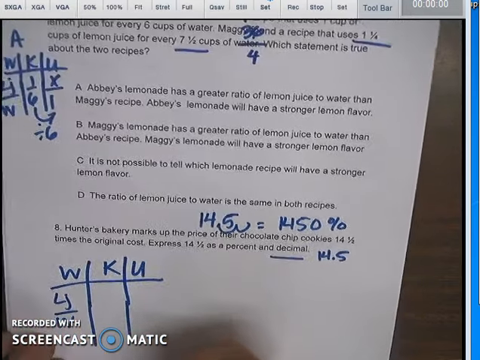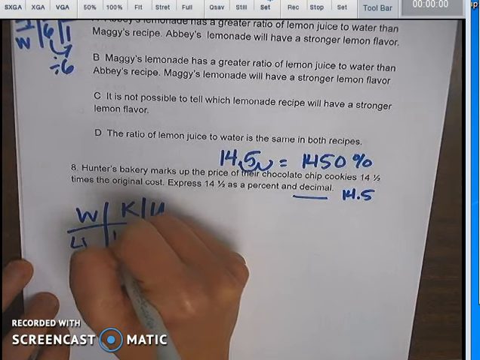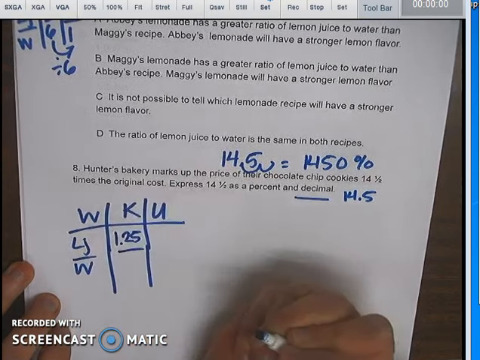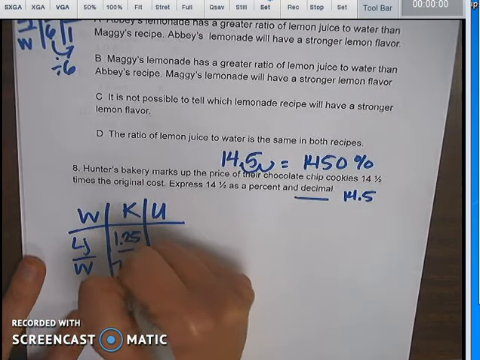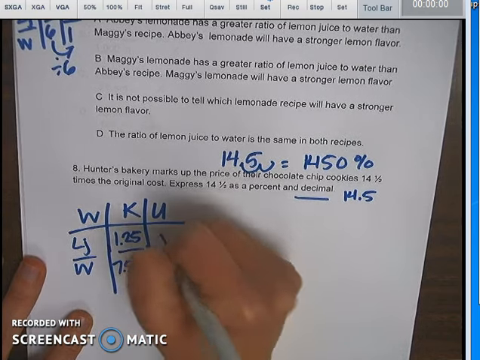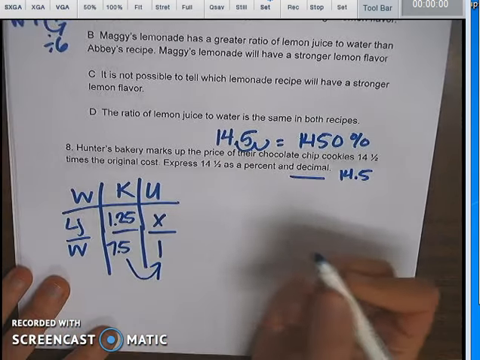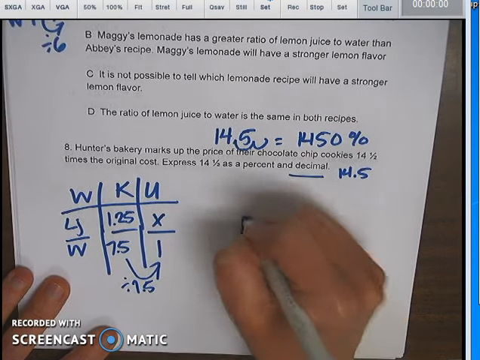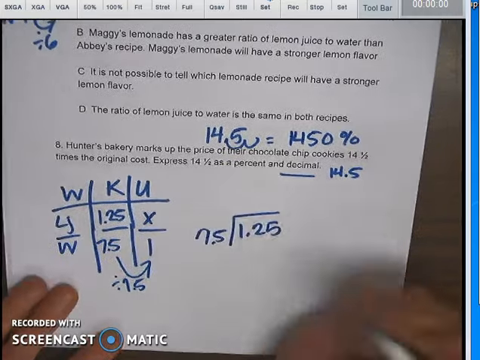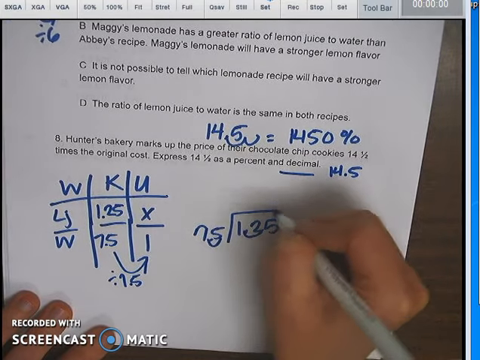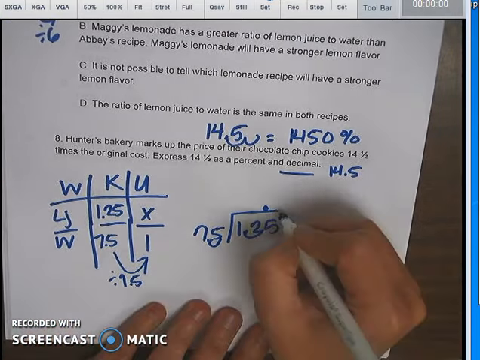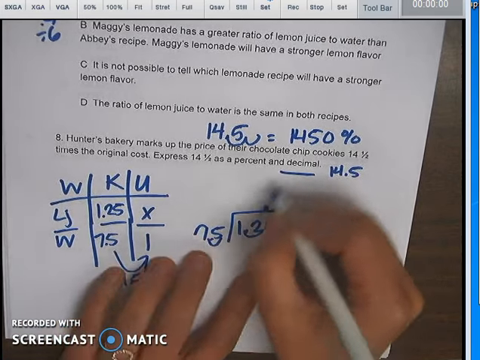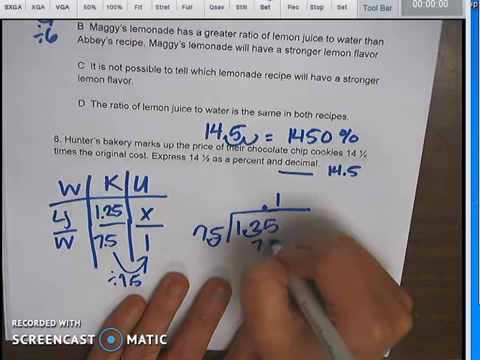It says there is 1.25, I'm doing it as a decimal, for every 7.5. How much for 1? Same thing. Divide by 7.5. So I have 1.25 divided by 7.5. Will it go in there? No. So it'll go in there once.